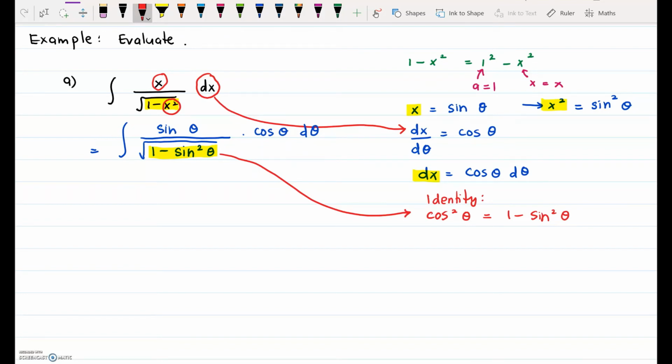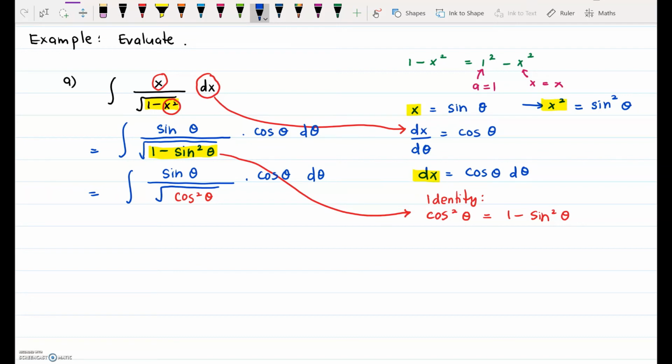Now when you simplify, you will have the integration of sine theta divided by the square root of cos squared theta, and then here we will have cos theta d theta.